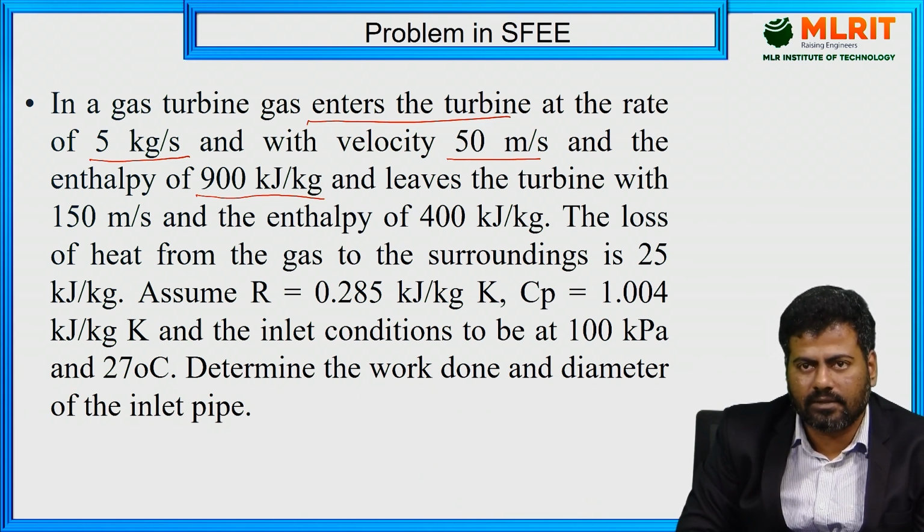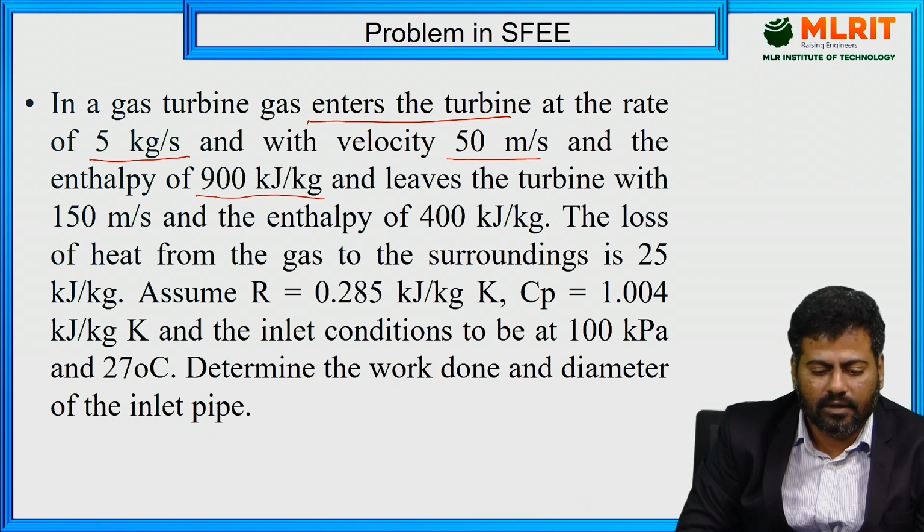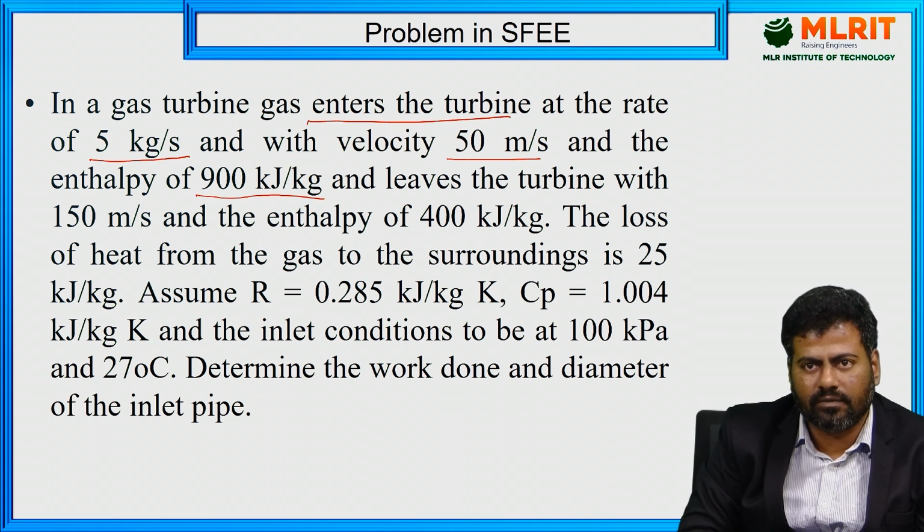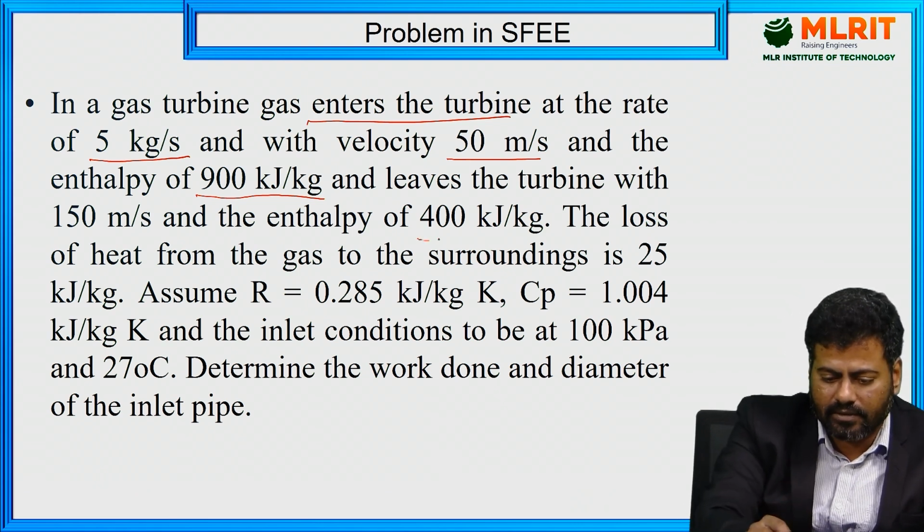Because of the expansion, the gases accelerate the flow and the velocity increases to 150 meter per second. We have converted the available energy, the enthalpy or internal energy, into kinetic energy, so the enthalpy decreases.